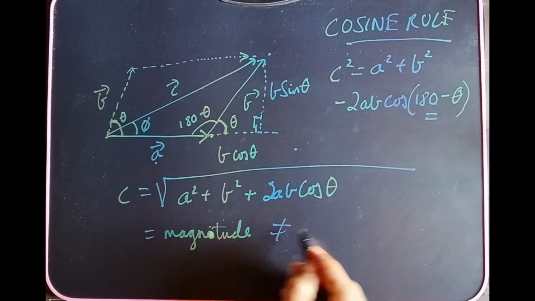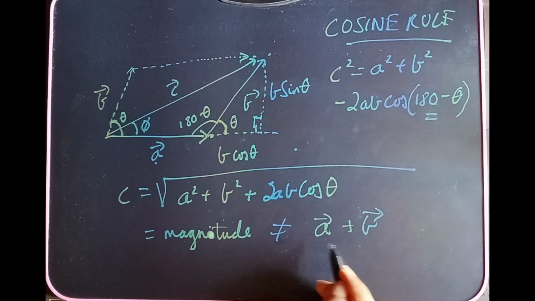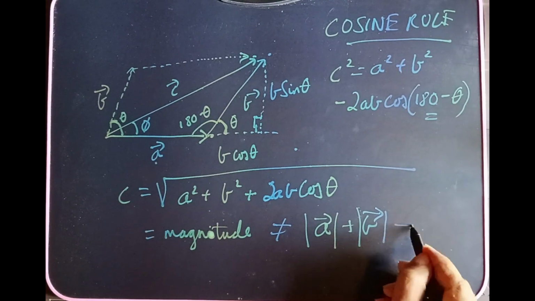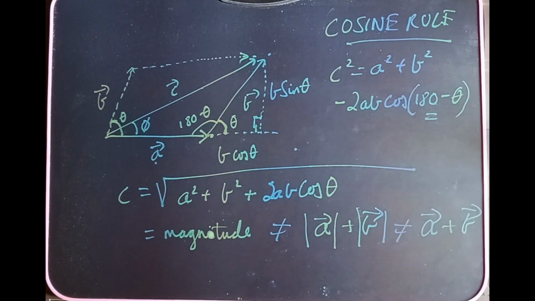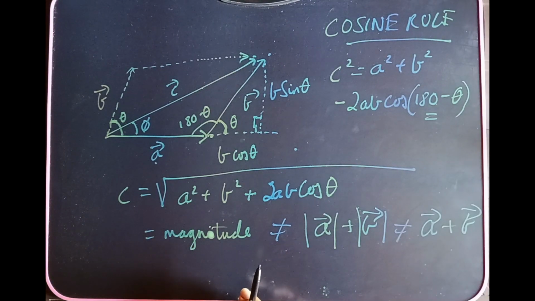So it is not equal to A plus B directly. It is not equal to A plus B or the magnitude of A plus B. It's neither equal to A plus B. The magnitude of the resultant will depend on the angle between the vectors as well, right? So what is this phi?